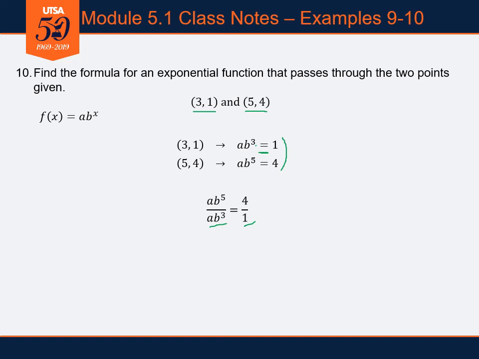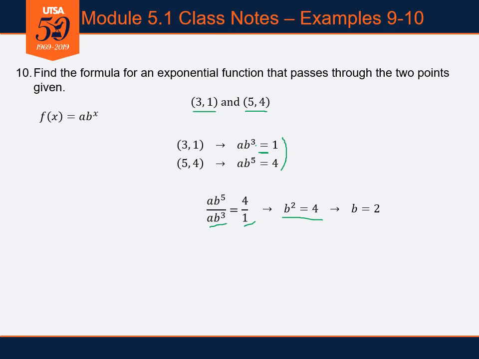Look at that left-hand fraction, as ugly as it is right now, and see what cancels. The a factors cancel, and most of the b factors cancel, and I'm left with b squared equals 4. 4 over 1 is 4. b to the 5th over b cubed is b squared.